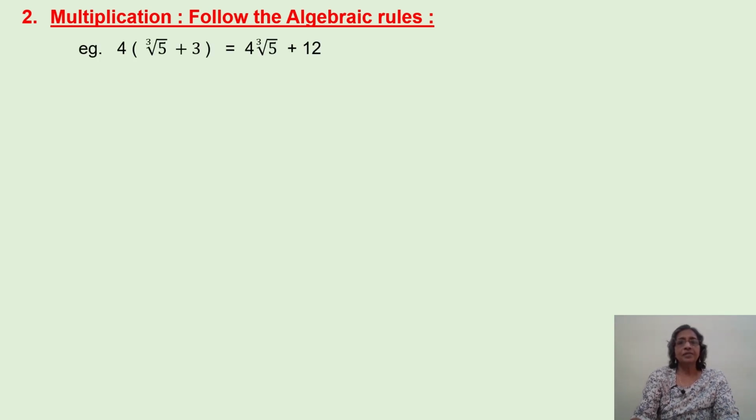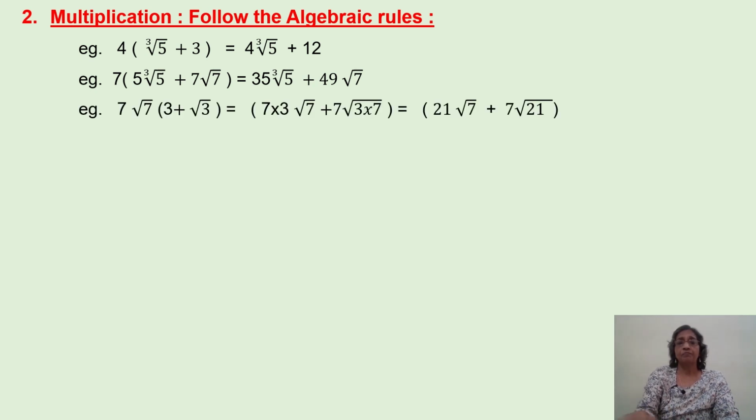So the first example that I have taken, just open out the bracket. 4 cube root 5 plus 4 threes are 12. The second one, again, 7 5s are 35, but cube root 5 will remain as it is. Second part, 7 7s are 49 and under root 7 remains the same.